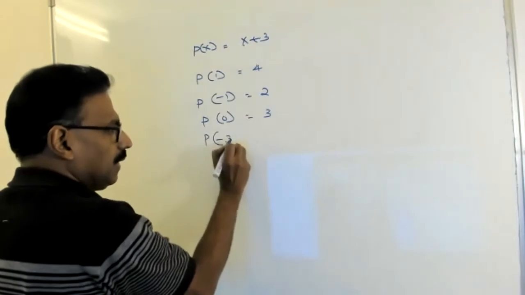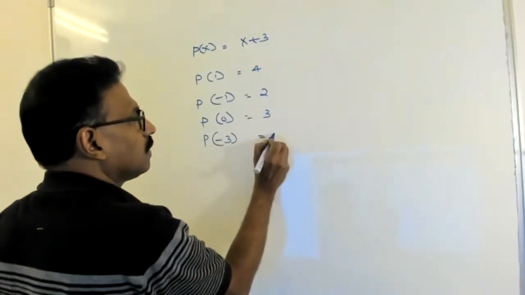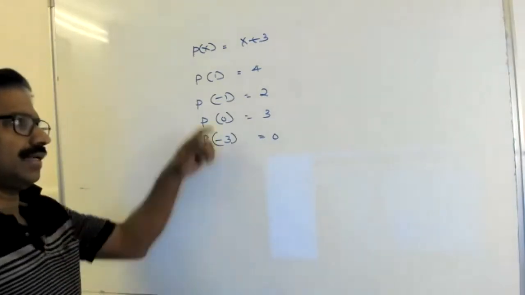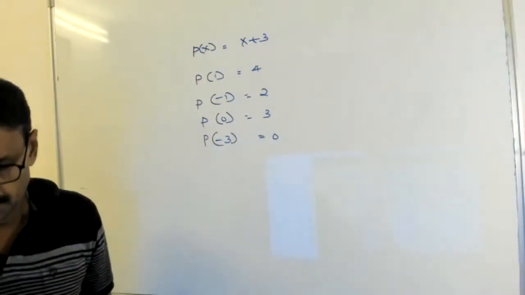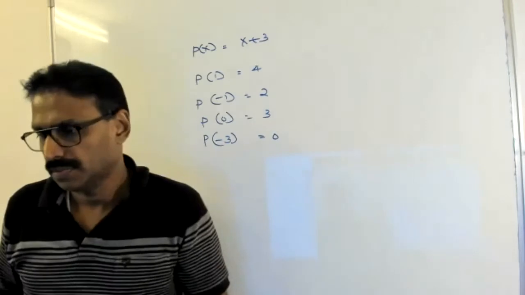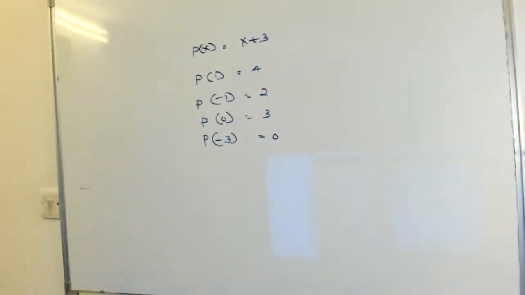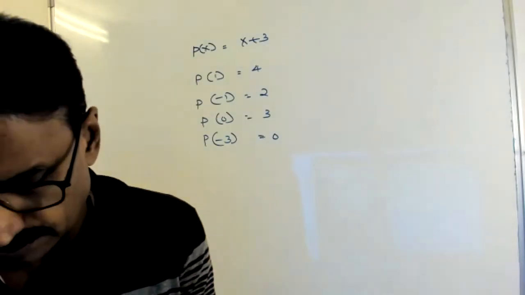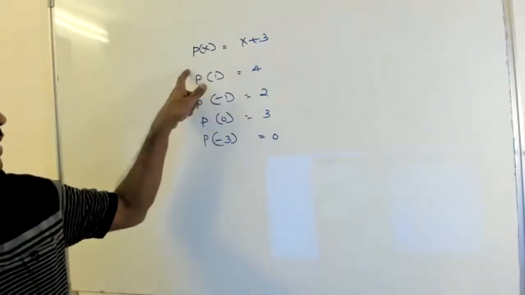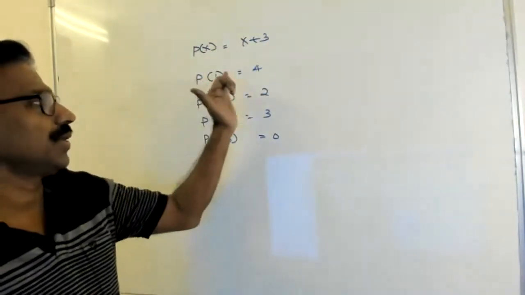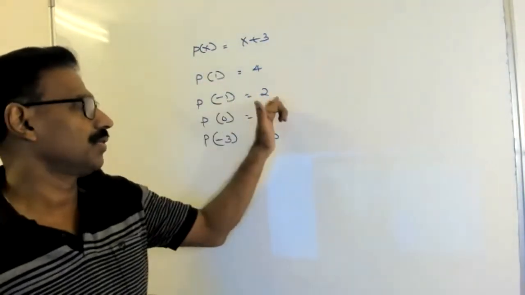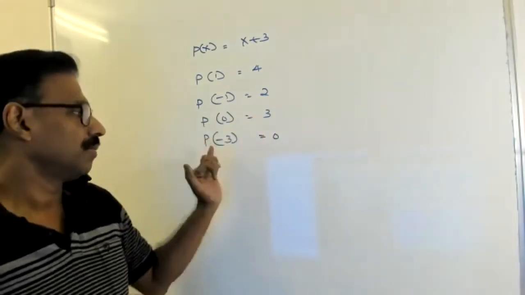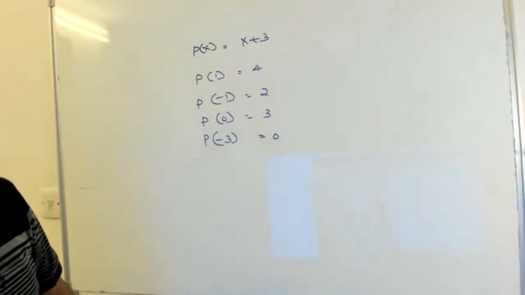P of minus 3 equal to 0. Okay, you write this.